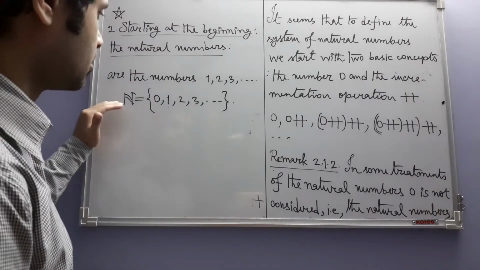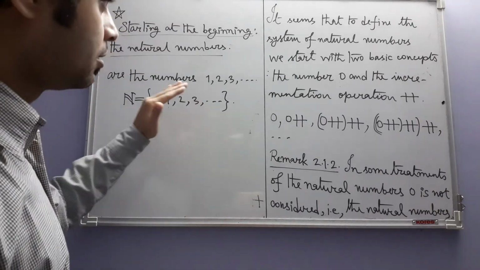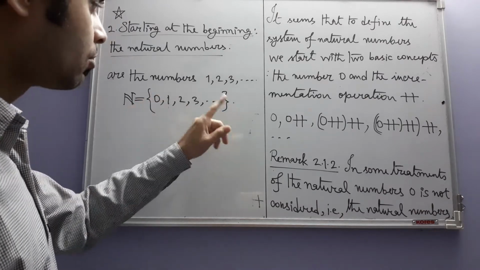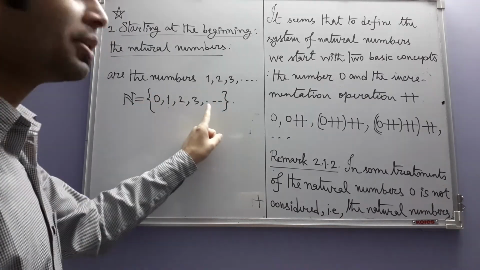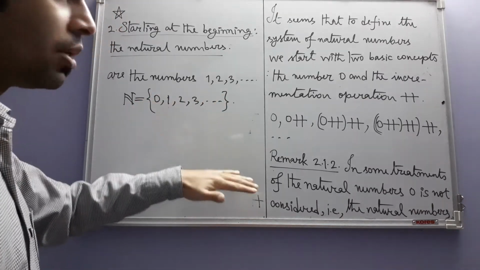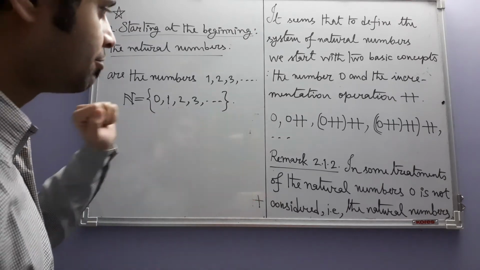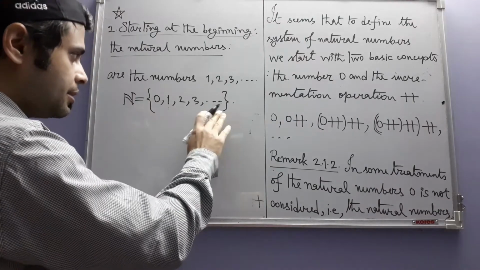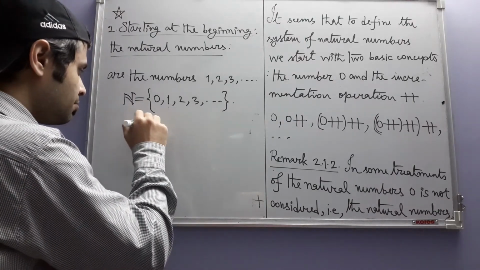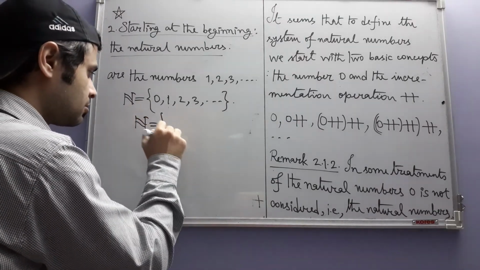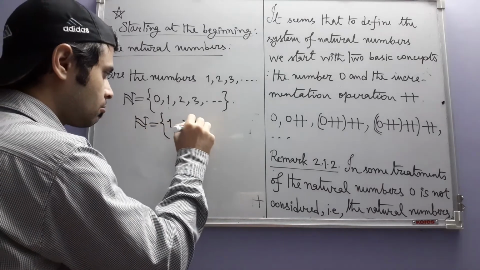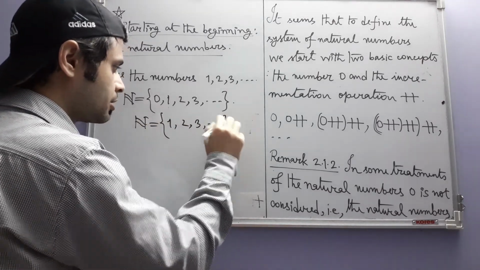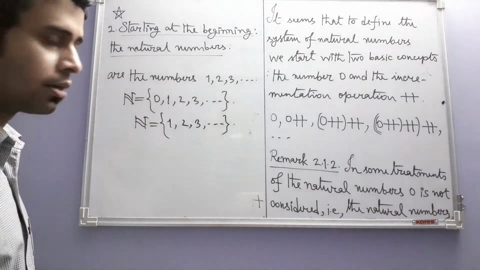Granted, of course, this is informal, because as yet we don't know what these symbols mean, but we will soon define them. Now for us these are the natural numbers; for some people they don't consider 0 to be a natural number.